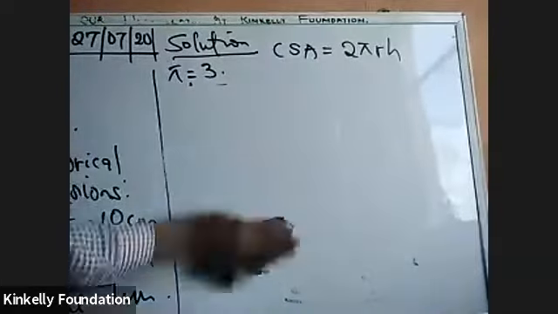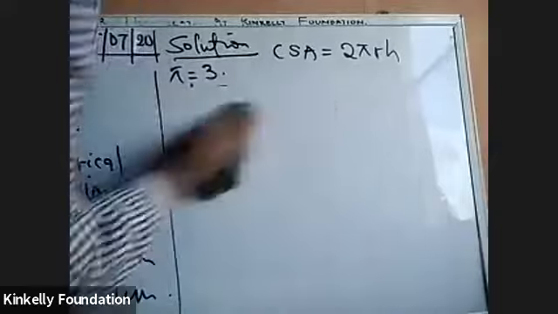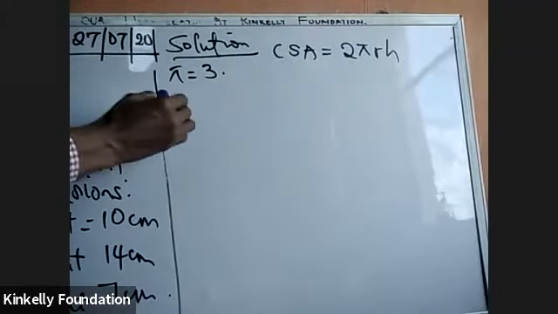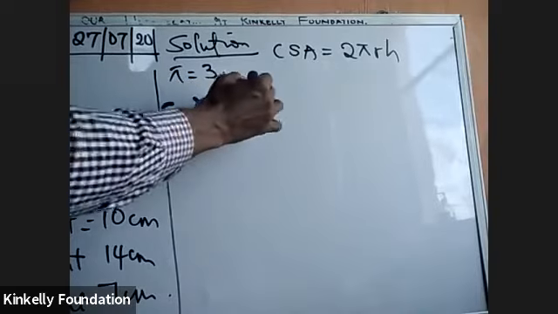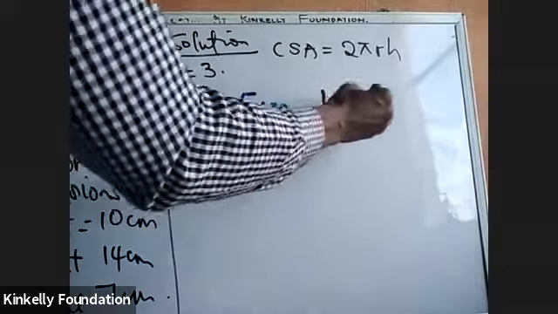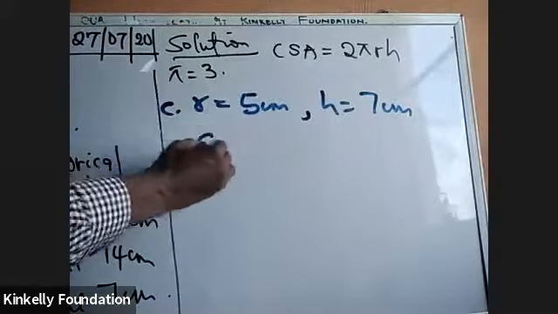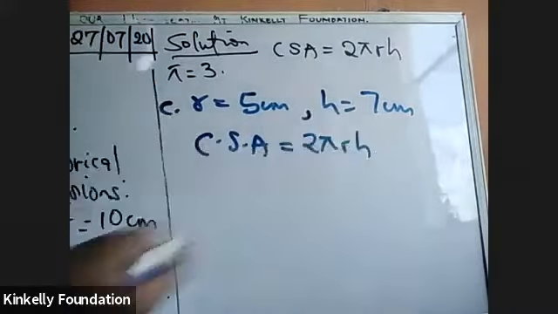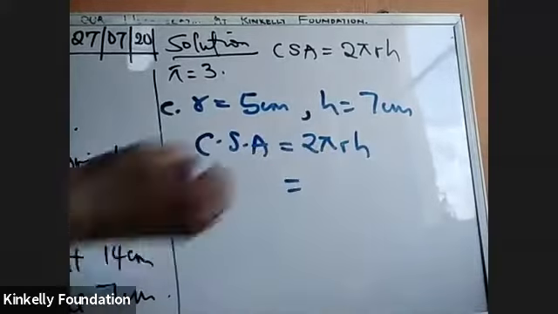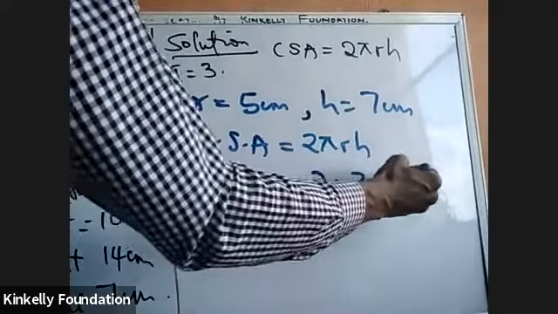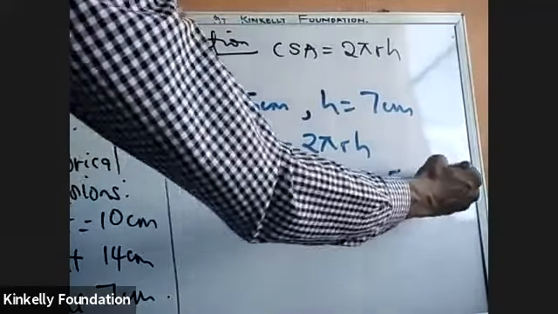Now, for the third question, we are given that radius is equal to 5 cm and height is equal to 7 cm. So our formula still holds. CSA equal to 2 pi r h. And this gives us 2 times 3 times 5 times 7.